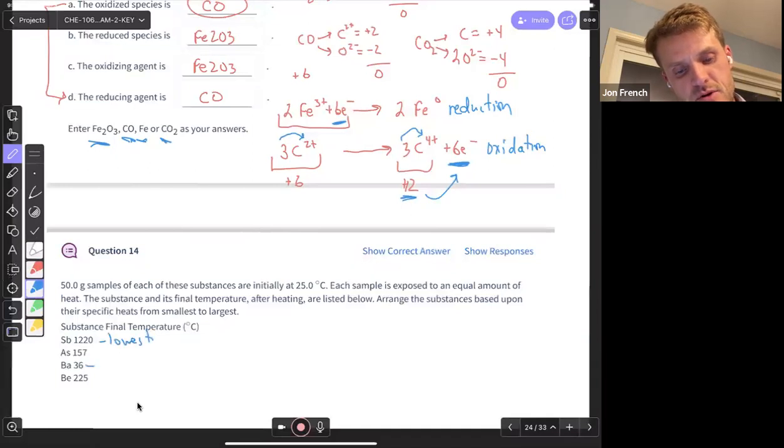And barium should have the highest heat capacity. So this should be specific heats from smallest. So this should be 1, that should be smallest, that should be next, that should be next, and then that should be last.